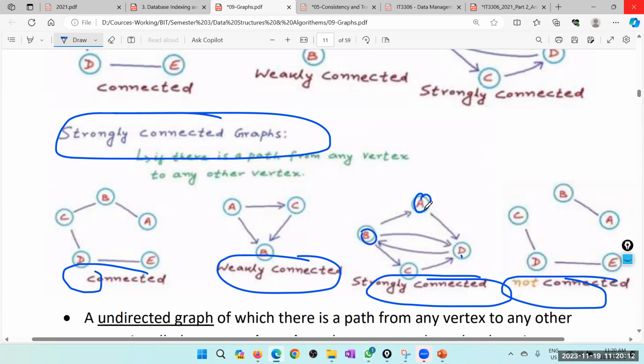And from A to D to B and B to C. So from A I can go to B, I can go to D, I can go to C. And if I start from D, there must be some path to go to A, like go to B and come back to A. Of course, you can come to C because you can go to B and come back to C. So likewise, if from any node you can go to any other node, and that must be true for all the nodes, we say that it's a strongly connected graph.